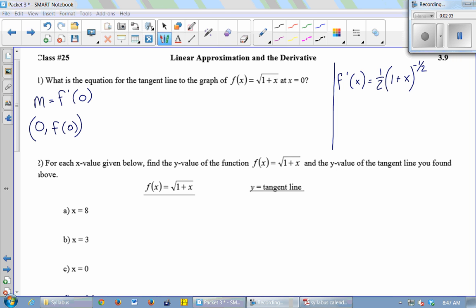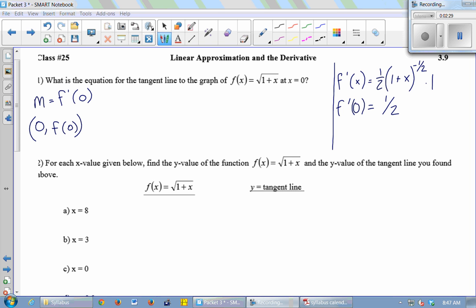What's the derivative of the inside function here? 1. So I probably don't even need to write it down, but it's good habit. So then f prime of 0, what I get when I plug 0 in there, would be 1 to the negative 1/2 is 1, times 1/2 is 1/2.